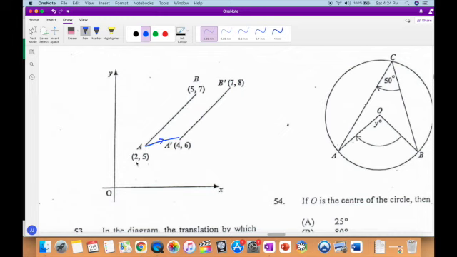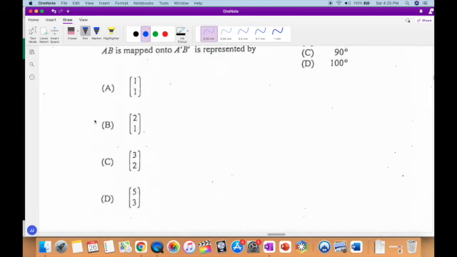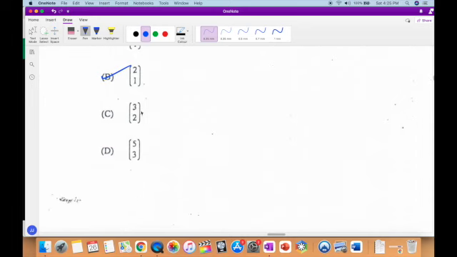So in order to go from 2 to 4, I have to move horizontally a space of 2, and then from 5 to 6 I have to move up a space of 1, and it will be the same thing here, 5 to 7, horizontally 2, 1. So the answer there is 2, 1, B. Right?